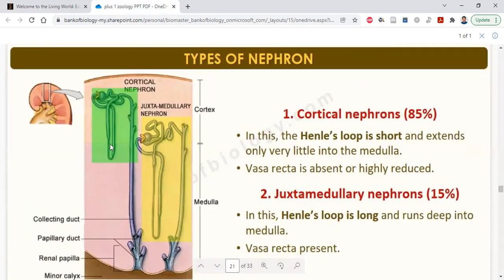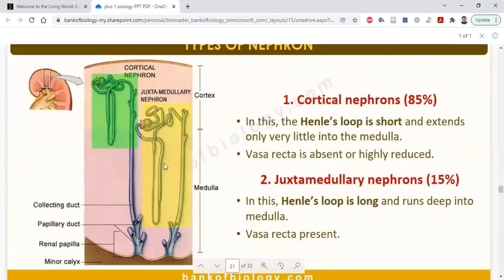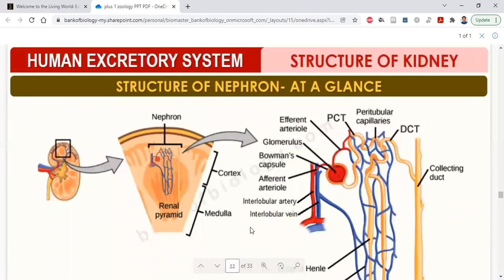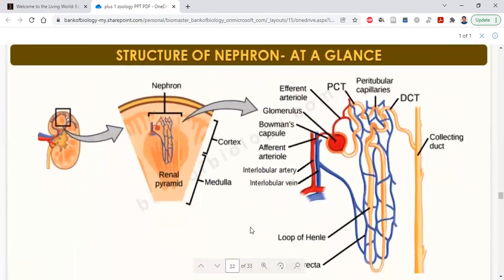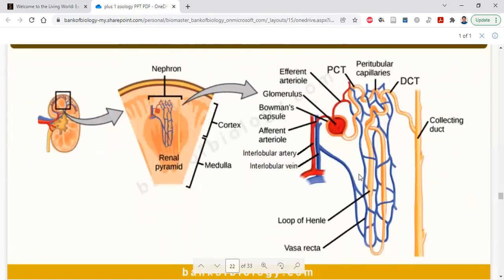Cortical nephrons are shorter, but the juxtamedullary nephrons are longer, extending through the complete medulla. So this is the complete nephron with its blood vessels and tubular structure.